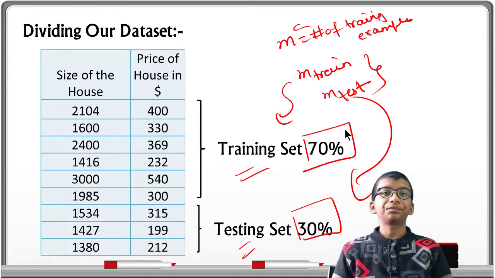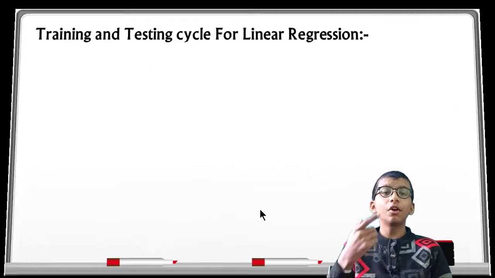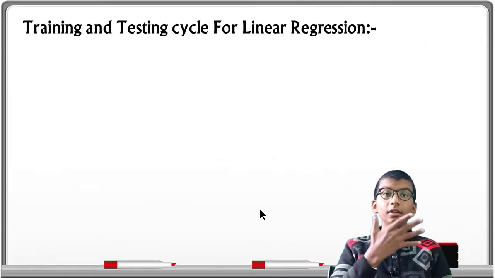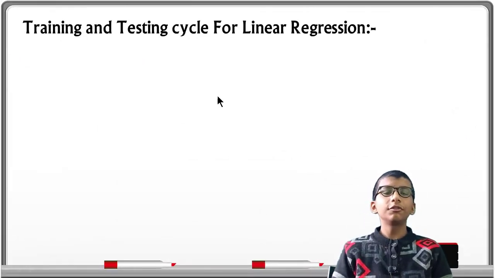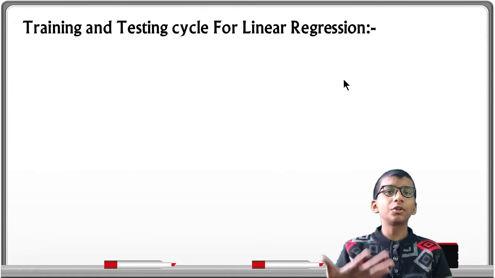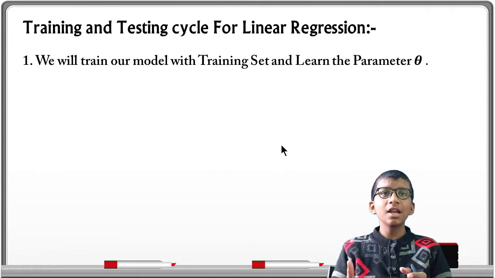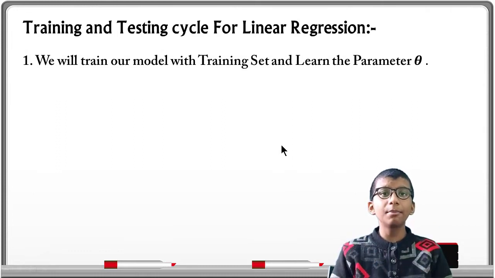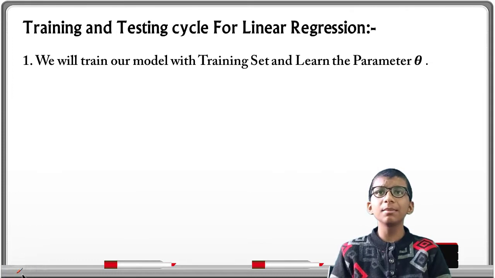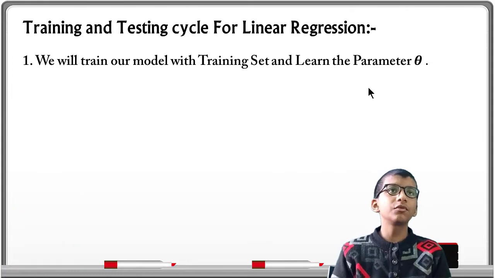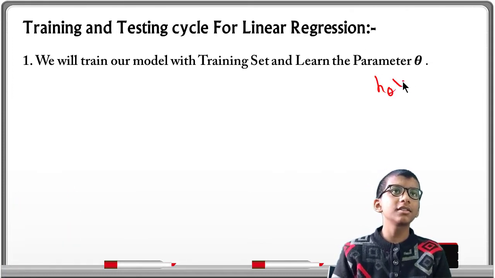Okay, now a basic workflow, a cycle for a linear regression model. The first thing is, what is the meaning of training? It simply means we will train our model with a training set and learn the parameters theta. And training simply means this workflow. First we have our hypothesis.